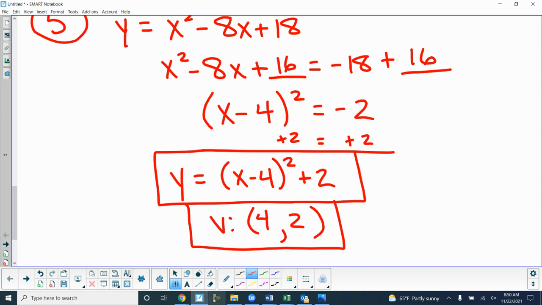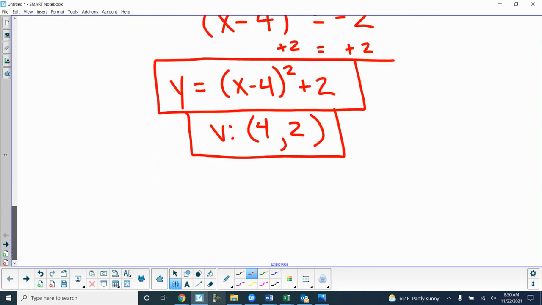Questions? So we do everything the same until that spot where we're supposed to square root both sides. We're going to just bring the number on the right back over, and now we have it in vertex form. Okay? Questions? Okay.